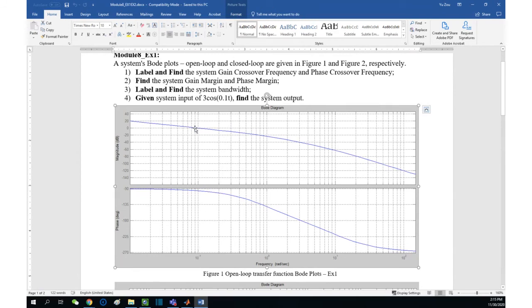The pointer is in the way, so like this. How about now? 0.1 is okay. John's answer is 0.09. It's a better answer. This line here is 0.09.